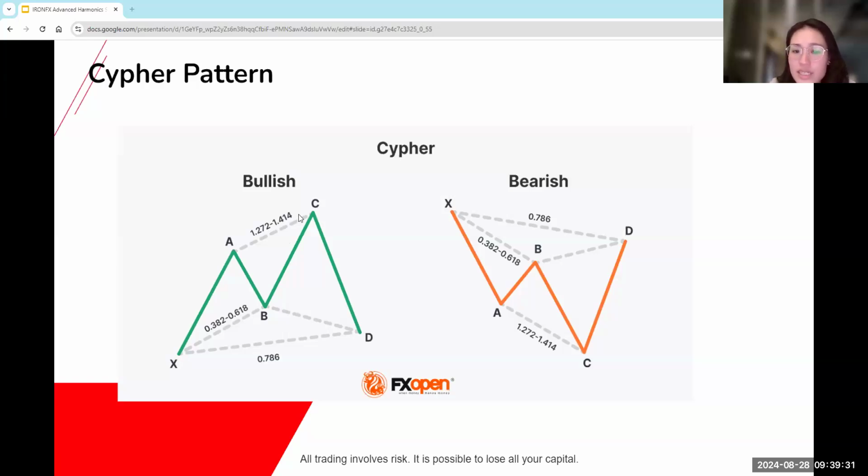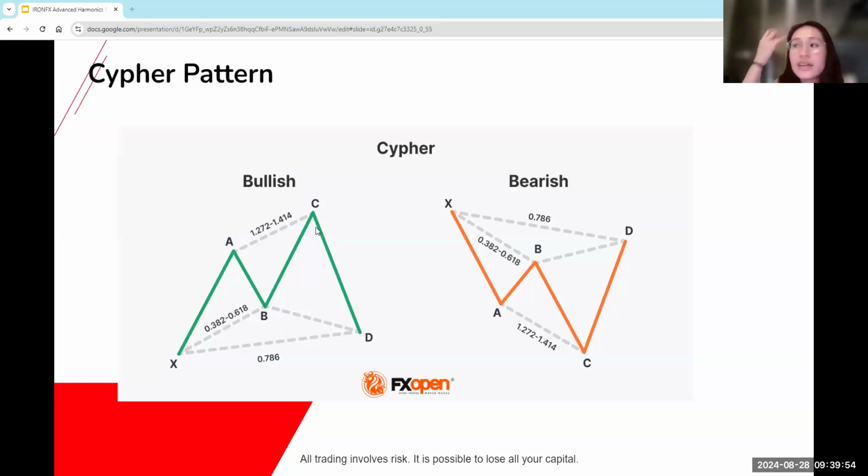Your BC leg is a sharp extension of AB, typically extending to 127.2 or 141.4 of the AB leg. So here you can see we are employing that Fibonacci extension technique that we used earlier. BC leg, we talked about that already.